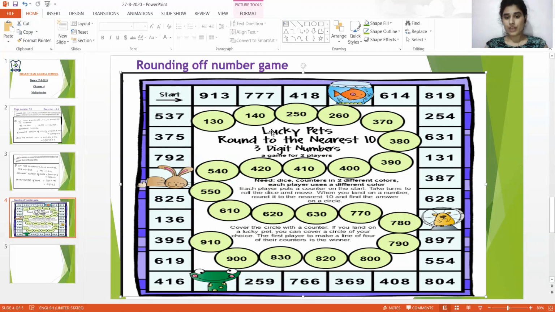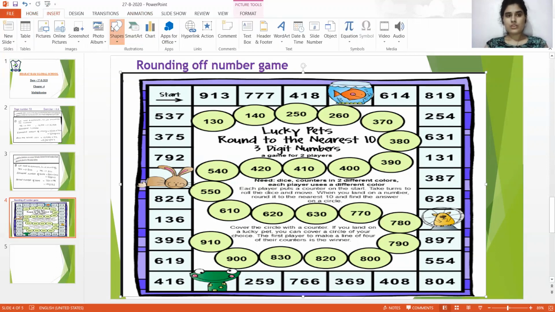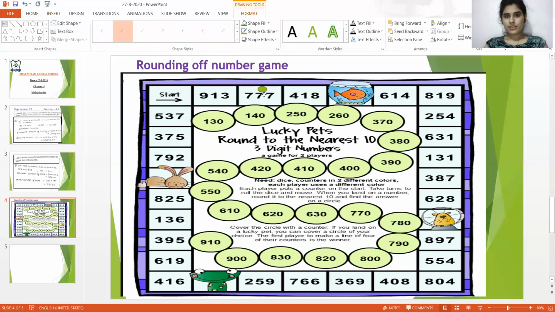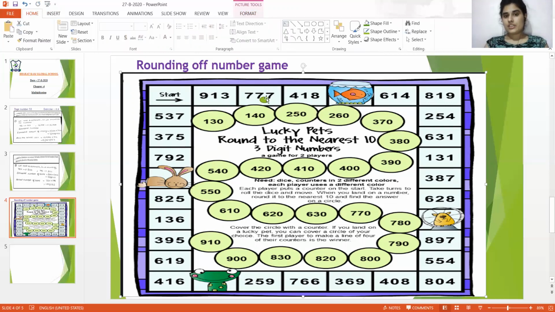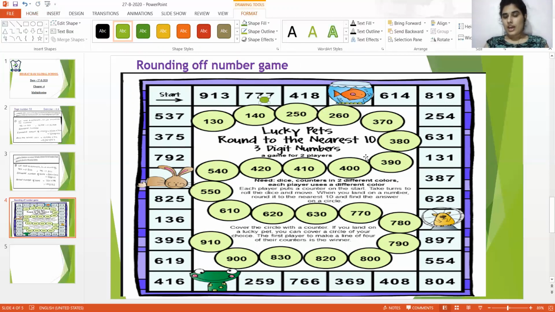Now you have to find out whether this 780 is in these circles or not. Let's see. Yes, we have 780. So suppose this is your counter, and you are at 777, and you need to round off this 777.